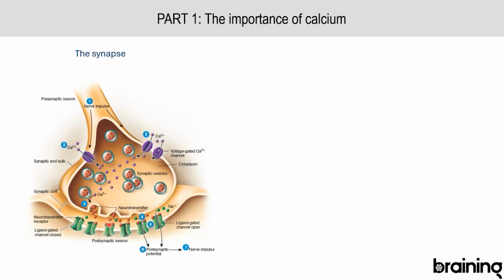And in this way we release neurotransmitters that will activate specific receptors, mainly in the postsynaptic neuron.